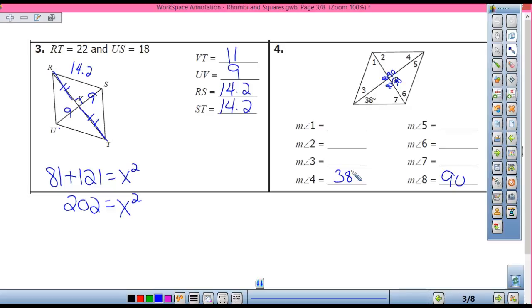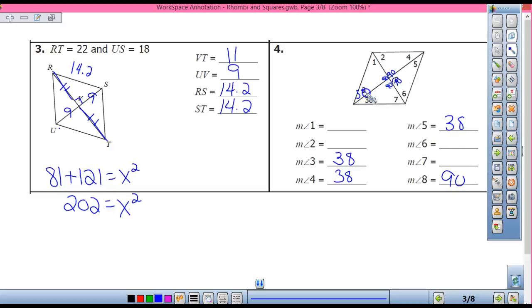Now what? What was property number 3 that we wrote down today? Diagonals bisect opposite angles. So if 38 is right here, what does 3 have to be? 38, because diagonals bisect the angles. Yep, so 5 would have to be 38 as well.